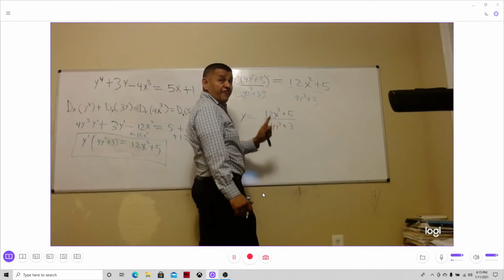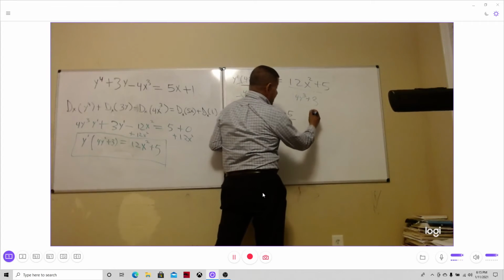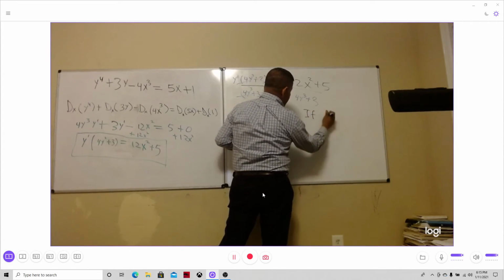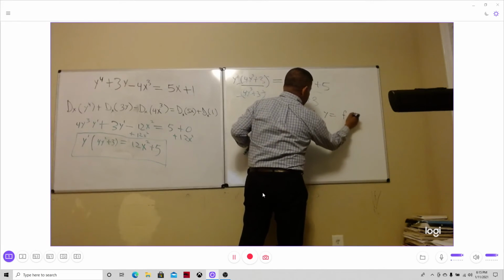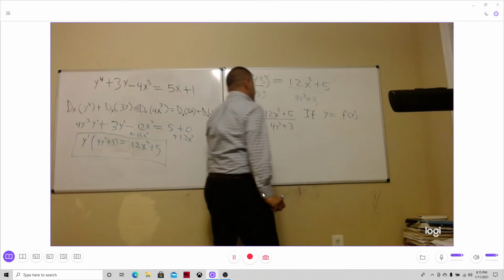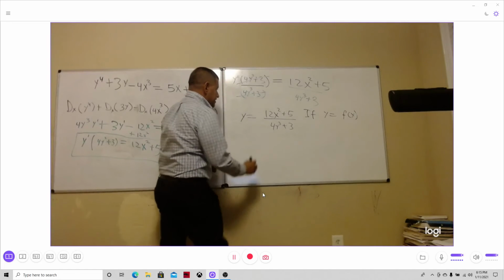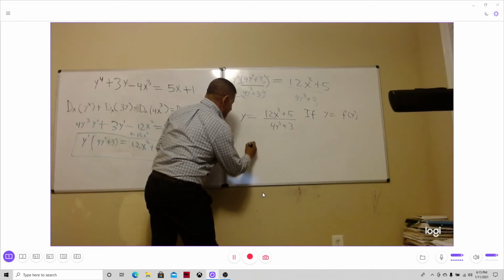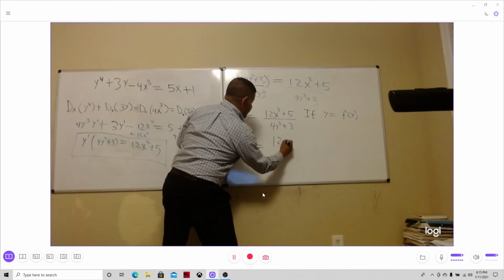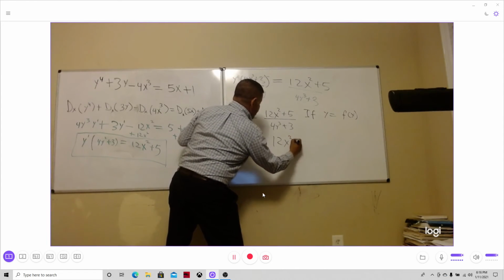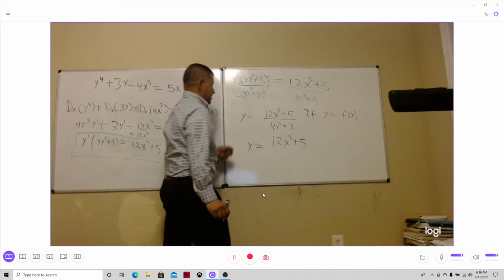But the book went further, and they say that if y is equal to f of x, then we can write this function as follows. We can say y prime is equal to 12x squared plus 5, right?